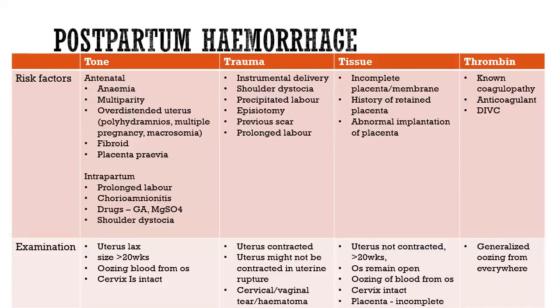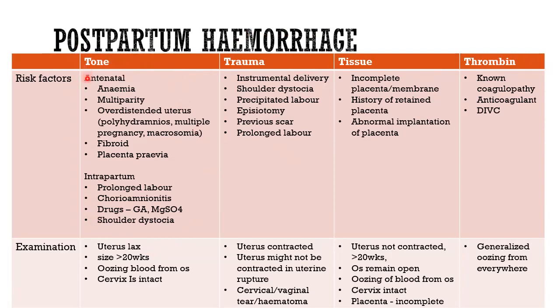So for postpartum hemorrhage, I'm going to focus on the causes of primary PPH. So we talk about the 4 T's: tone, trauma, tissue, thrombin. This is a busy slide, but you need to always go back to this: tone, trauma, tissue, thrombin, the 4 T's. When you look at the patient, you need to ask yourself, does this patient have these risk factors or not?